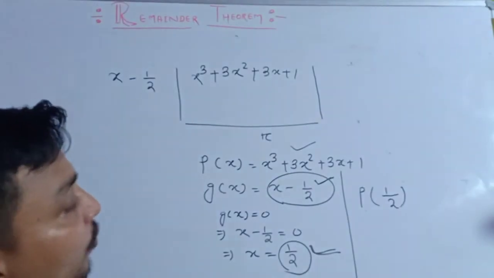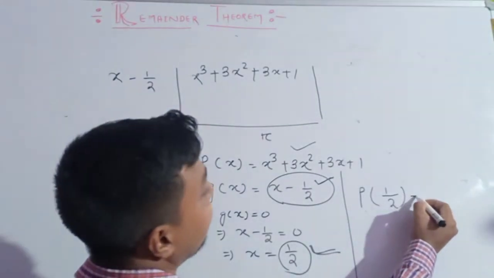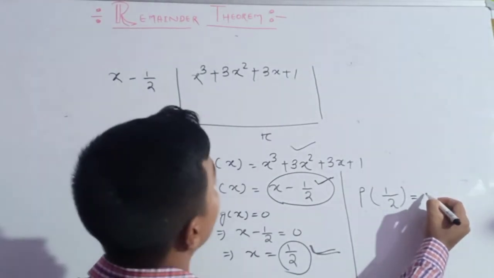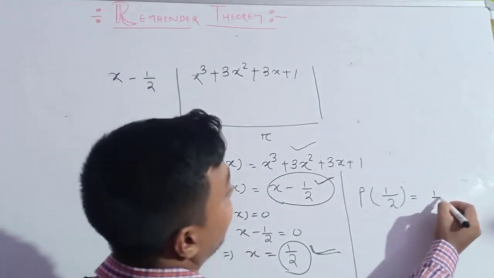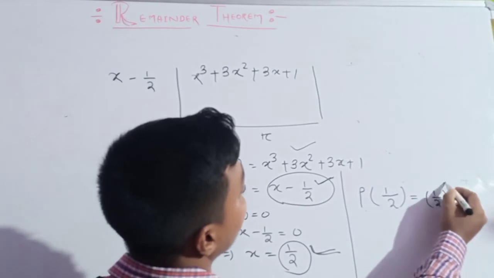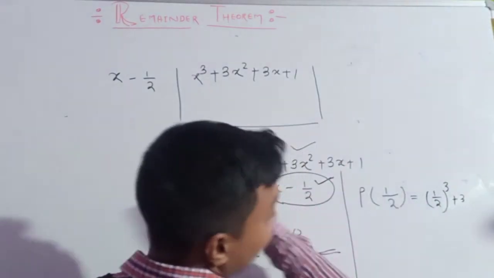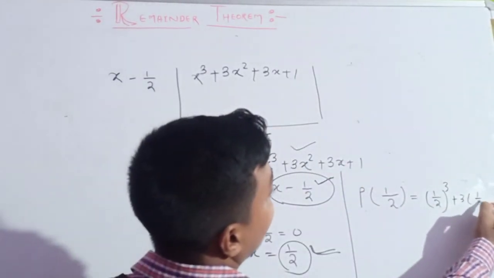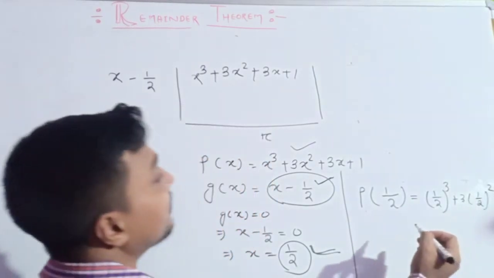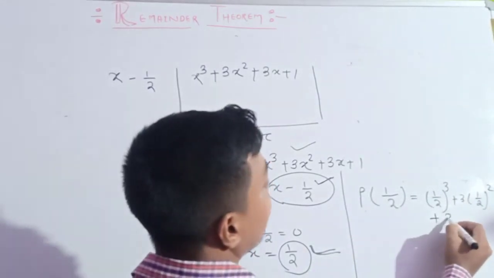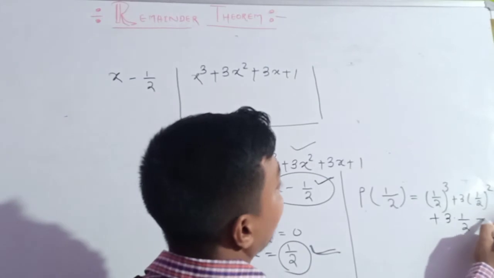At the point 1 by 2, the polynomial becomes (1 by 2) cube plus 3 into (1 by 2) square plus 3 into 1 by 2 plus 1.